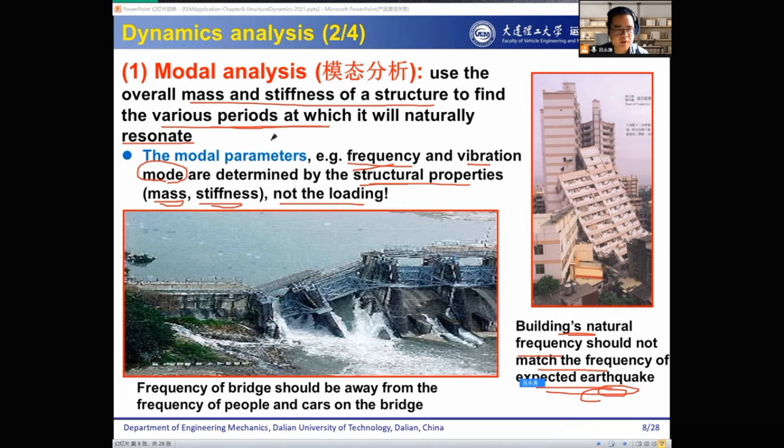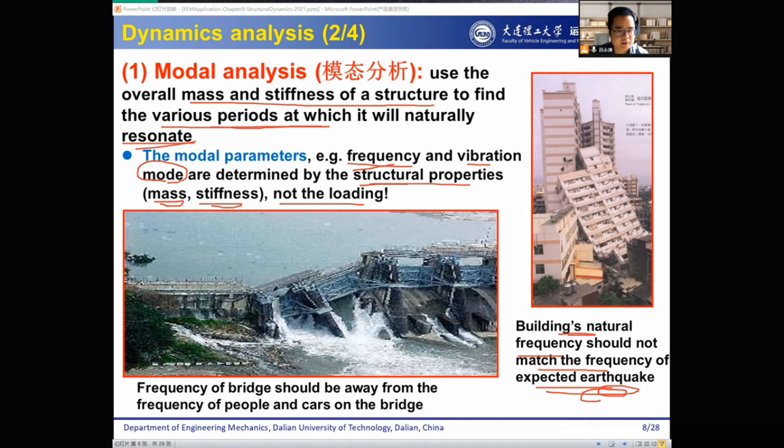Otherwise the building will resonate, and when it resonates, it will vibrate a lot, and then you will get damaged. So when we design the building, we have to work out the natural frequency, and from this we know the natural frequency of the building is determined by the mass of the building, also by the stiffness and by the structure of the building.